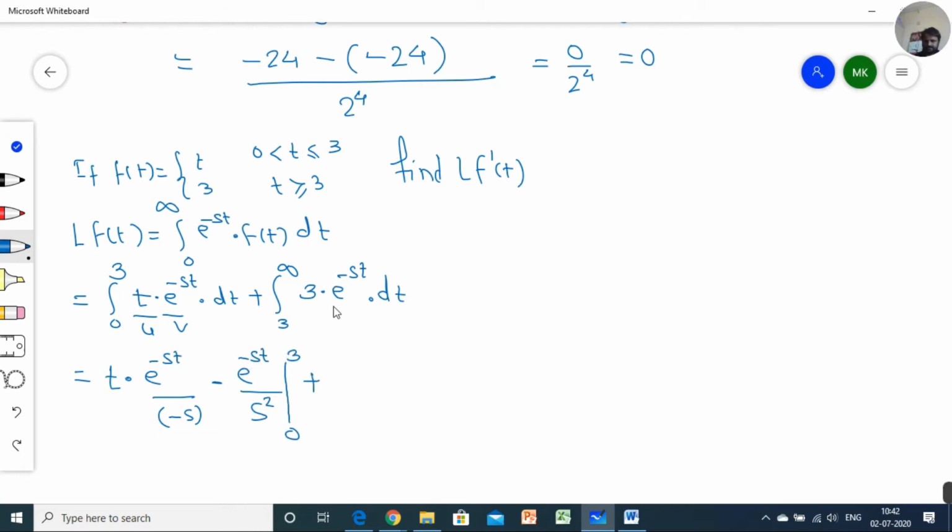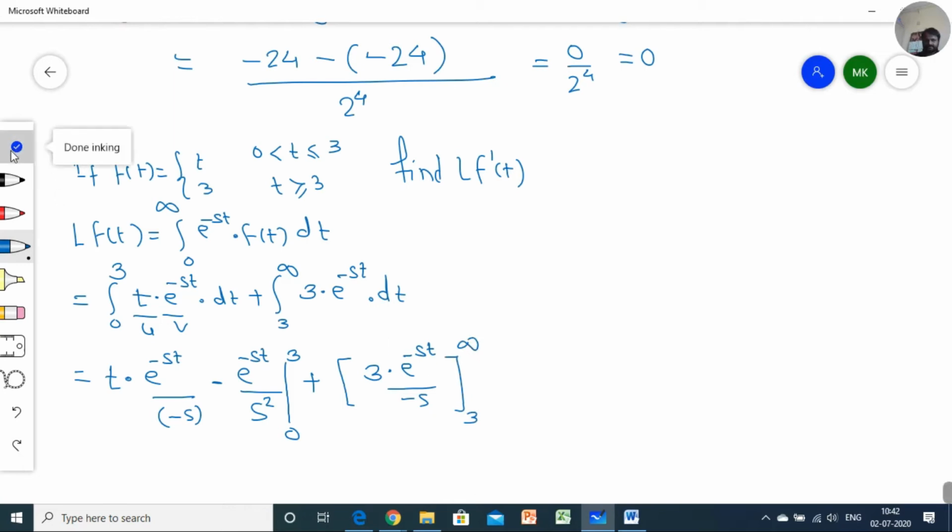Plus, simplifying this part, you will get directly 3 into e raised to minus st upon minus s, from 3 to infinity.